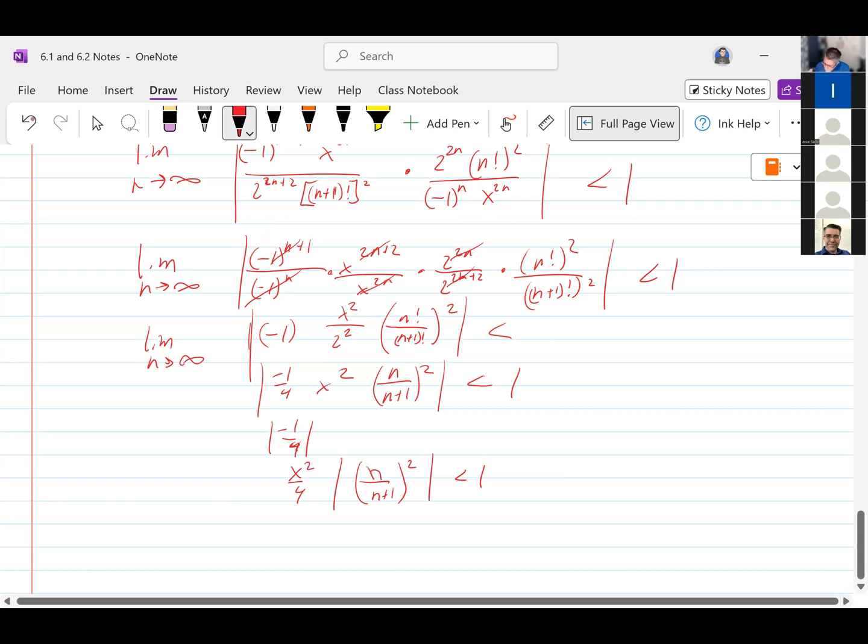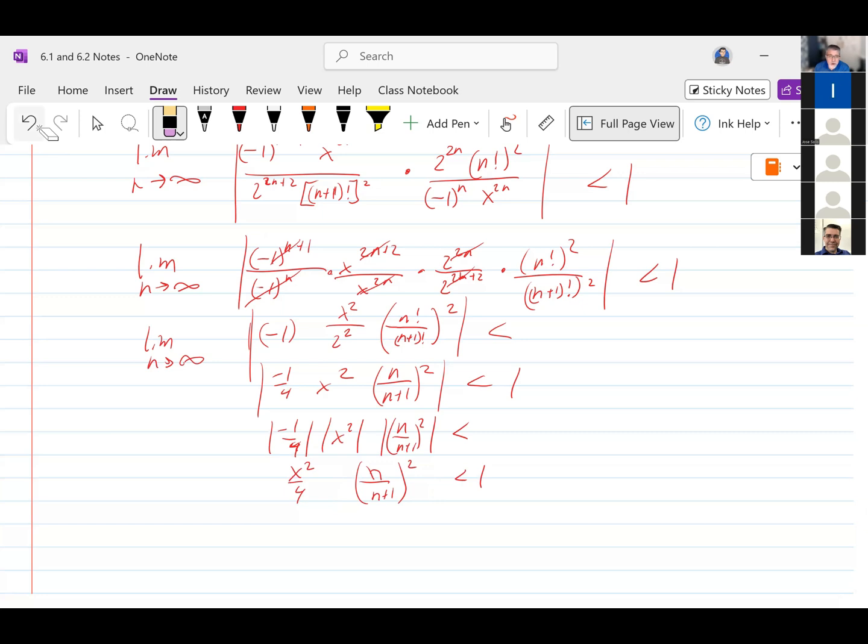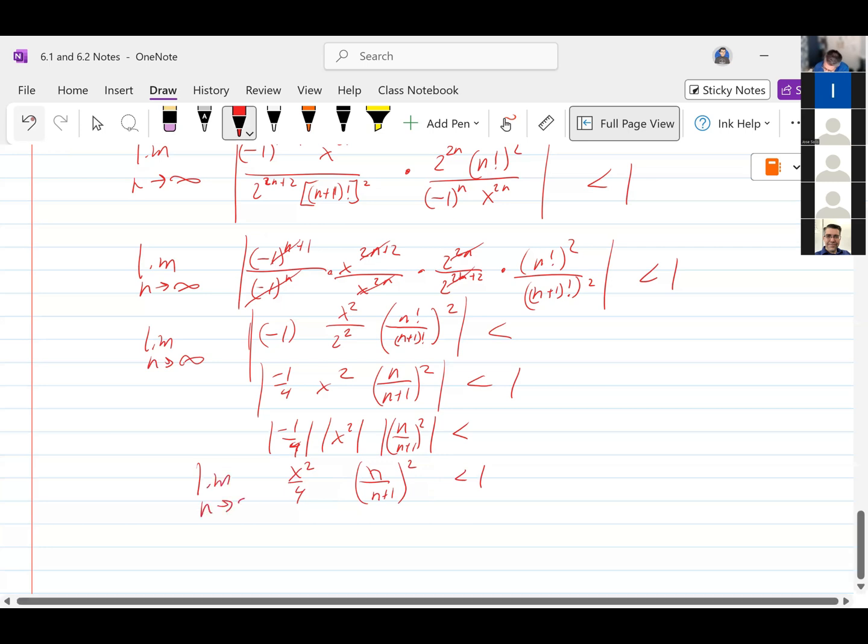The absolute value of x squared is just x squared, so I can remove the absolute value. Anything squared is positive, so I can drop the absolute value at this point. Now this just becomes the limit as n goes to infinity.